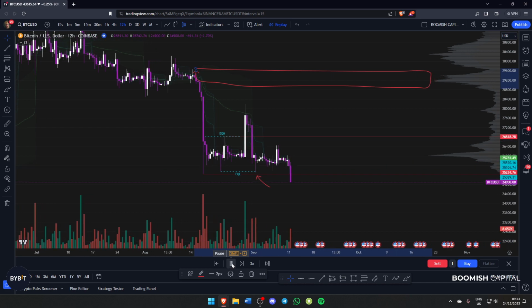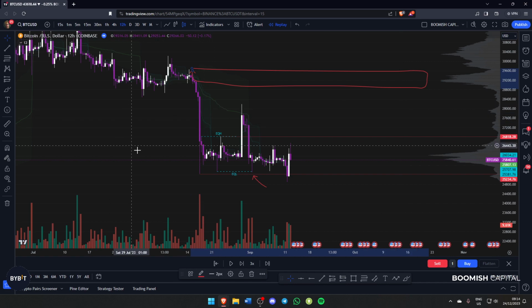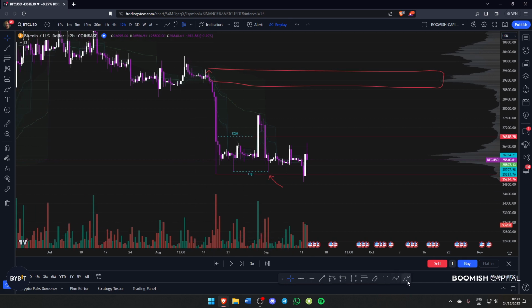Boom. Wait, okay, boom, sweep, right? What you see now is that when ranges form, and I have spoken about this at length in multiple videos, when you have the range high and range low established, where the range low is the initial low put in by the drop and the range high is this one, you tend to see sweeps of the bottom and top of the range, and then you go back into the range.